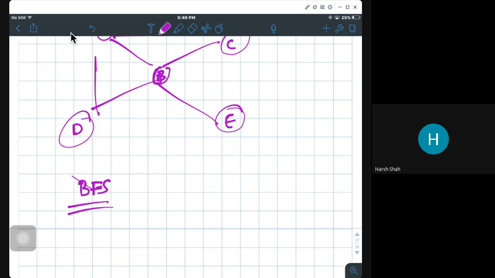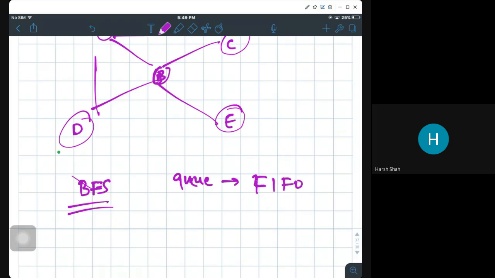Okay, BFS uses stack or queue. BFS uses a queue. So what is the purpose of a queue? Queue means first in, first out.